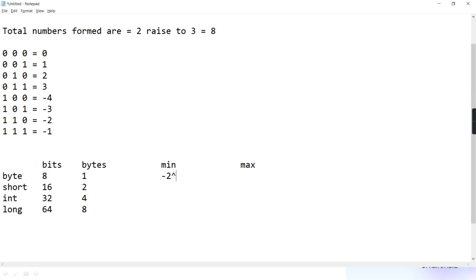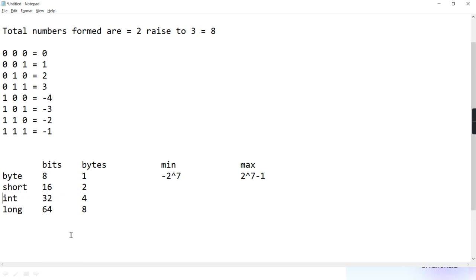Actually, raised to is not this sign, but for the time being you understand. And this side will be 2 raised to 7 minus 1. So minus 2 raised to 7 is actually minus 128.